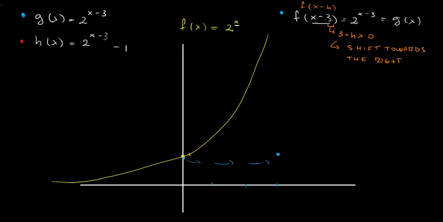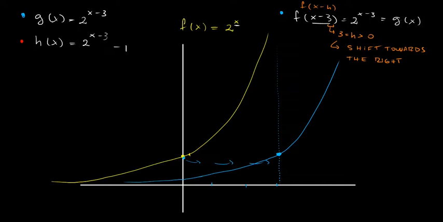What I'm gonna do to make the drawing easier is draw a vertical line as if it was a new axis. Something like this. So g will pass through this point, and the y-intercept will not be 1. G will look something like this. It's an exact copy of f, only shifted towards the right in 3 units.